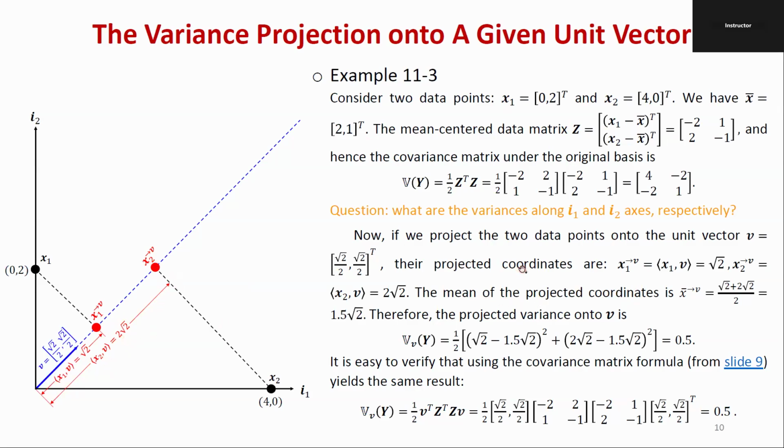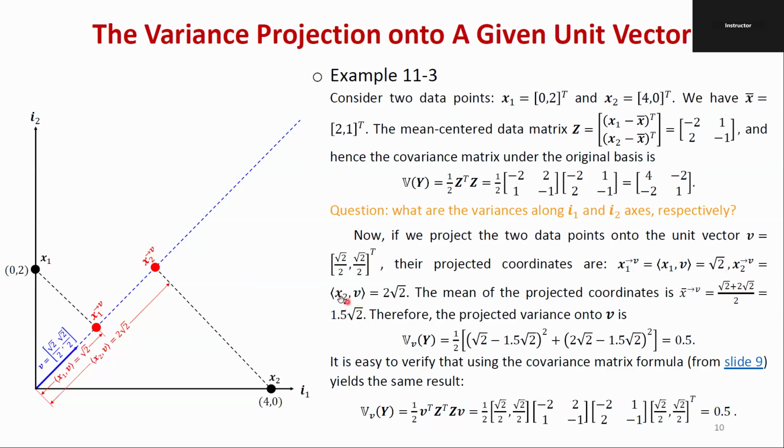So that's a thing. So now if I directly use the definition of the variance to brutally compute the variance of these 2 points using the new coordinate system, first of all, the mean of the projected coordinates is square root of 2 plus 2 square root of 2, and because I have 2 points, divide by 2.